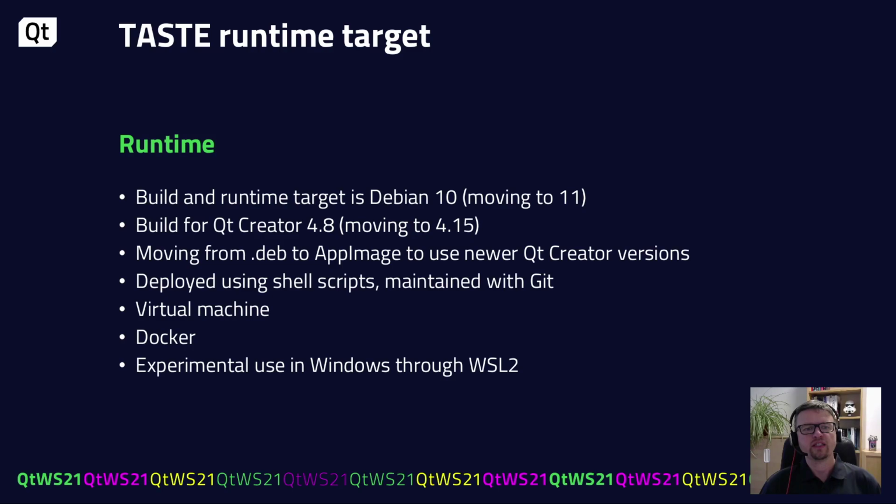And the whole TASTE runtime is distributed by a set of installation scripts that are maintained by Git, so you can update the whole system. Those do all the installation of needed packages and trigger the builds. As said, it's all open source. It's building all the stuff except for SpaceCreator, which is too big and has too many dependencies. So this one is distributed as a binary that's downloaded.